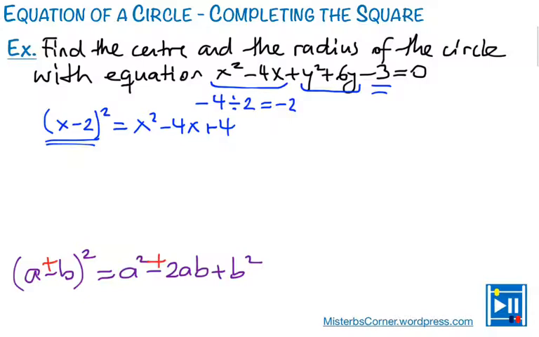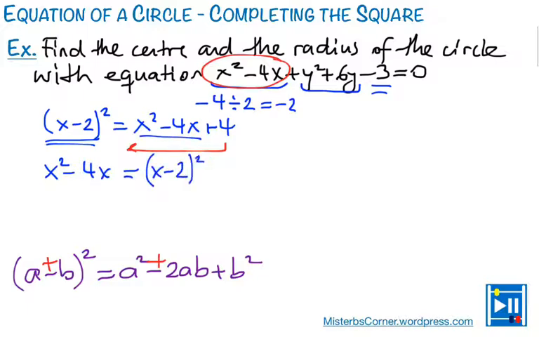Now, for (x - 2)², we have this expression, but what I need is this expression, right? So I'm going to take 4 to the other side, so it's going to be x² - 4x on this side, right? That will be equal to (x - 2)² - 4, right? On the other hand, let's deal with y now.